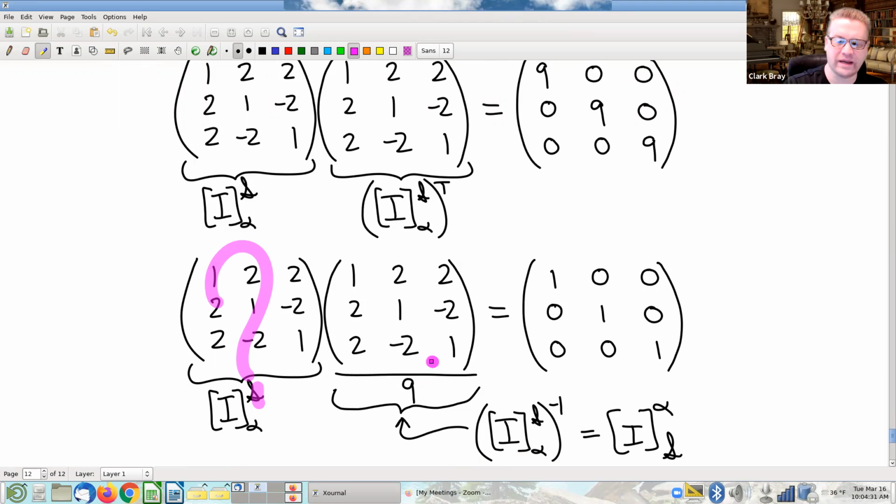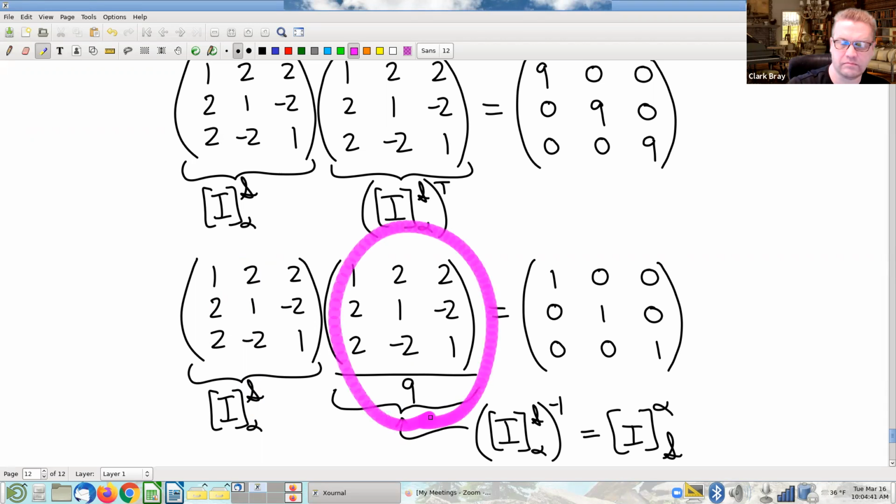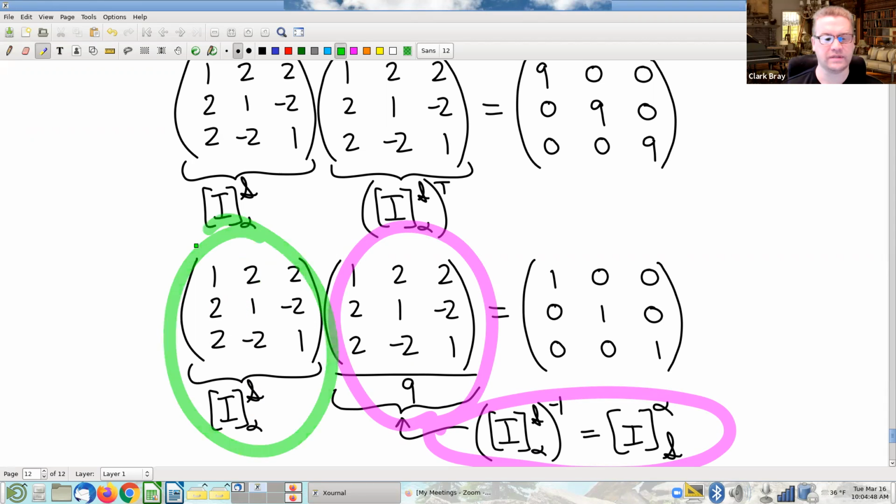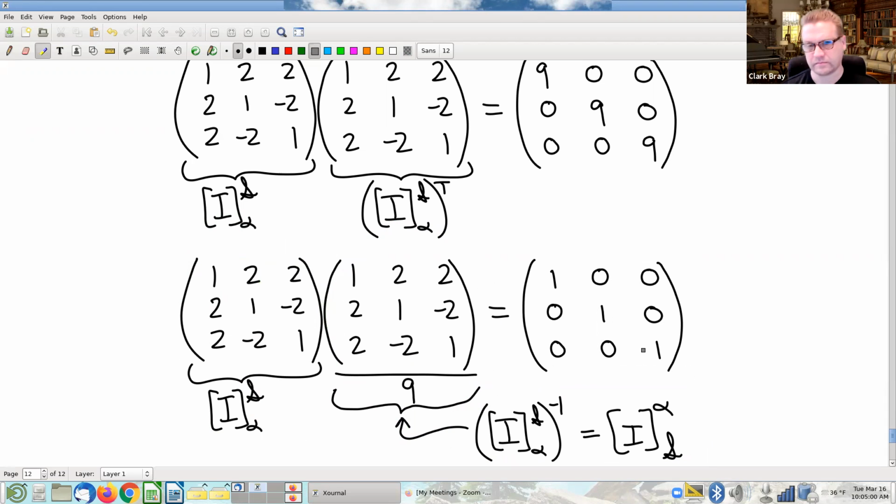So we just divide by 9 on both sides of the equation, and I get a matrix that when I multiply it by the matrix I started with, I get the identity. And so that means that this purple matrix is the inverse matrix. So that's very convenient. Nice little trick.